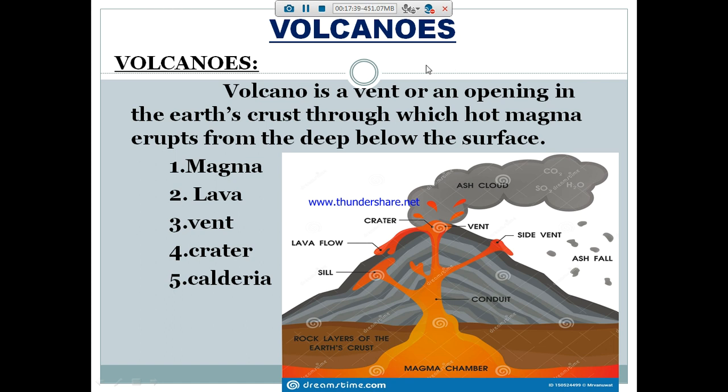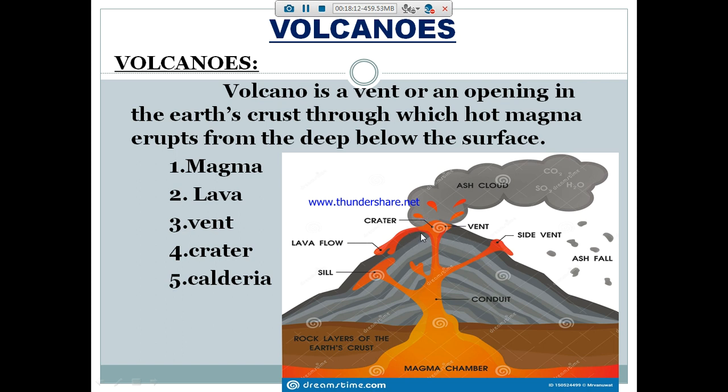See what is meant by a volcano? A volcano is a vent or an opening in the earth's crust through which hot magma erupts from deep below the surface. What is meant by magma? The molten rock material within the earth is called magma. While it rises to the surface, it flows like lava.